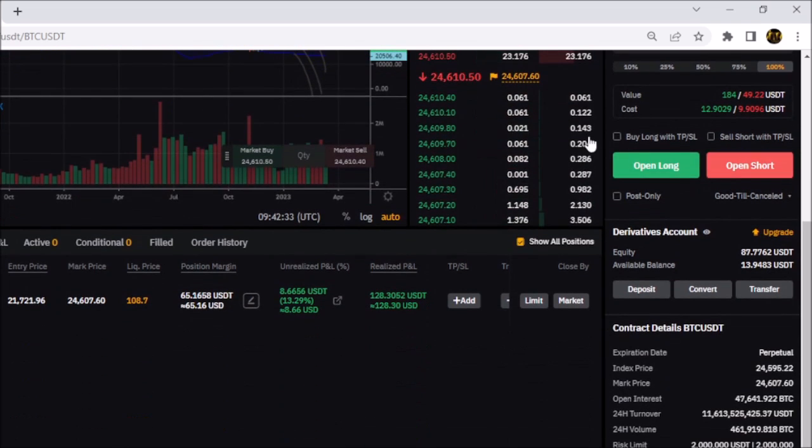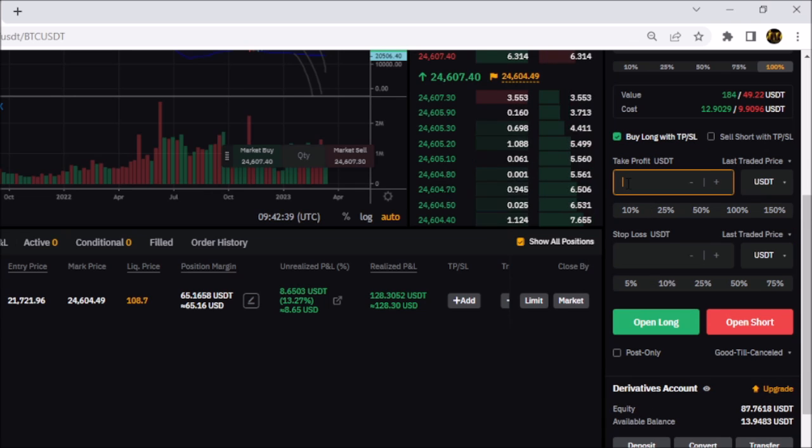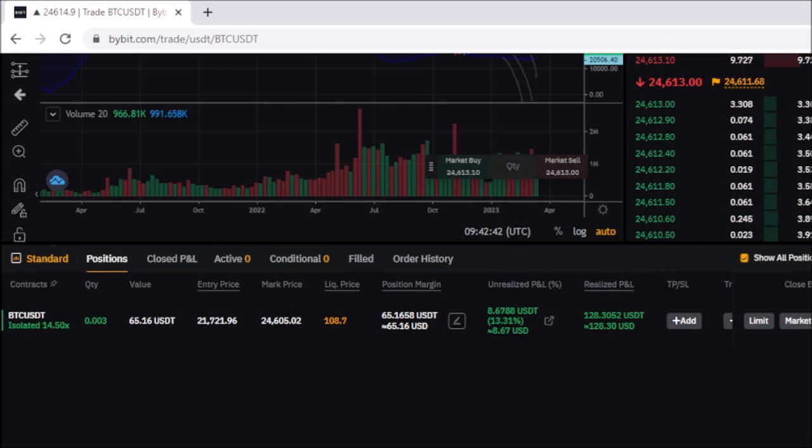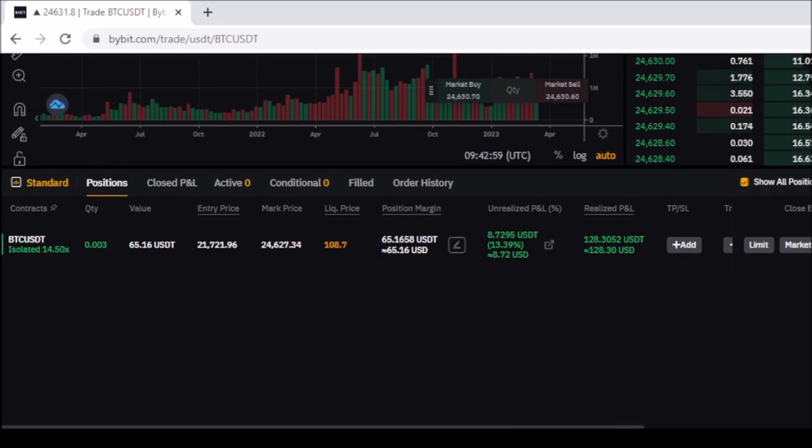Here I take the profit, of course the same that I have said, 28. And the stop loss might be 5%, depending, or I can set it depending on how it is.